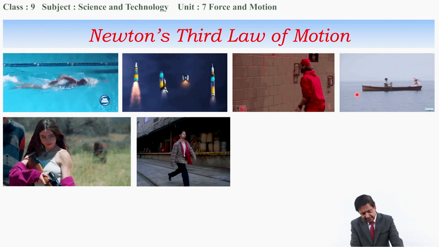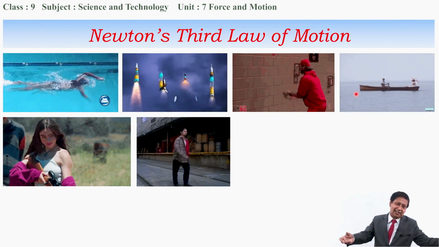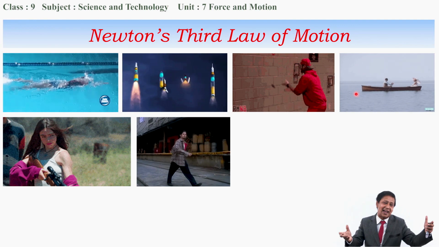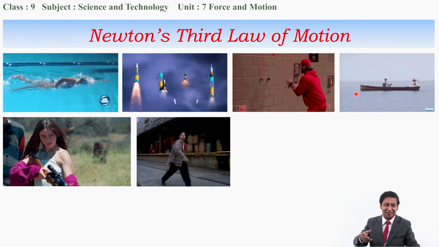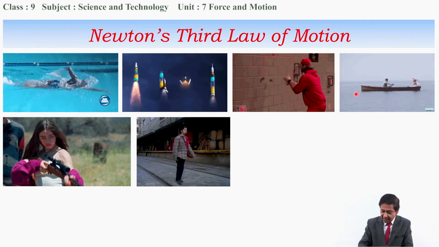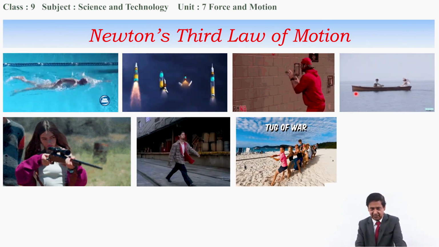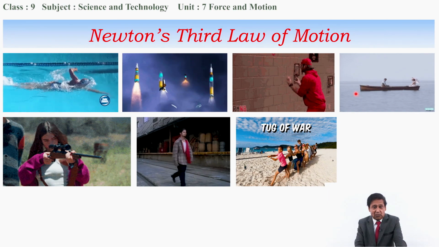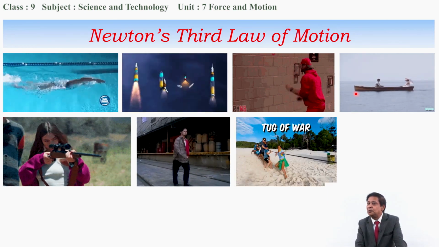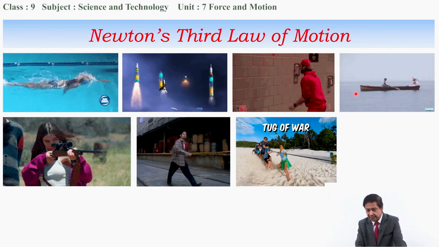And here a handsome boy is walking in such a way that he doesn't care about anything at all. Now look at this. This is tug of war. There are two teams. Each team is trying to pull the other team towards themselves.